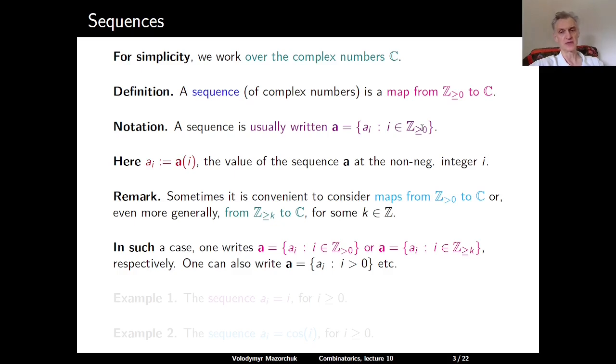Or sometimes one can even write that the sequence A consists of a_i where i is greater than 0, and we understand here that i is an integer. For example, we have a sequence a_i is equal to i for all i greater than or equal to 0. Example 2, we have a sequence a_i is equal to the cosine of i for all i greater than or equal to 0. That's a complicated sequence.